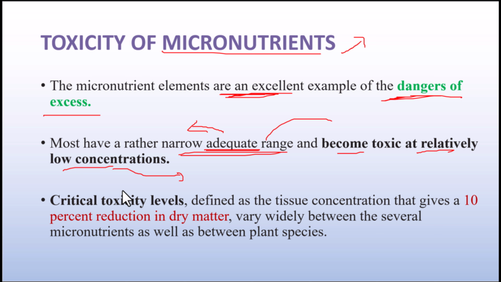The critical toxic level is defined as the tissue concentration that gives rise to a 10% reduction in dry weight. It varies widely between the several micronutrients as well as plant species.